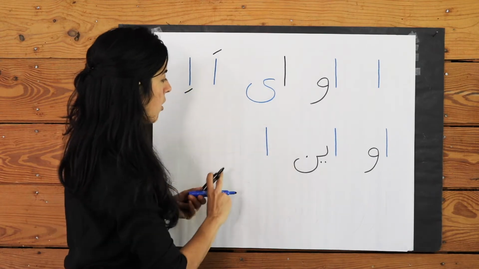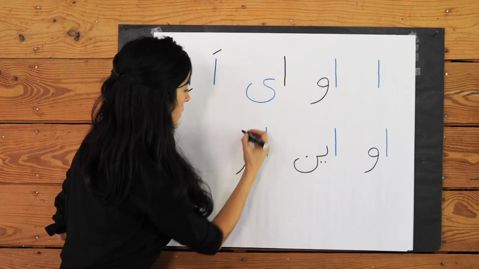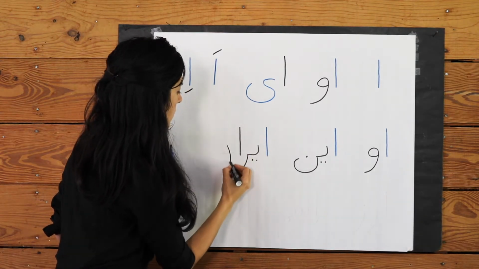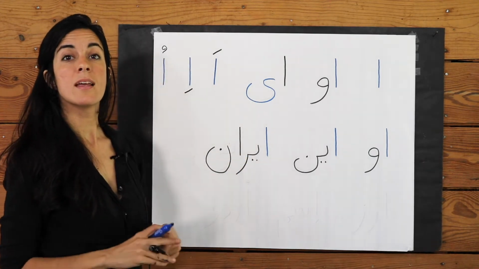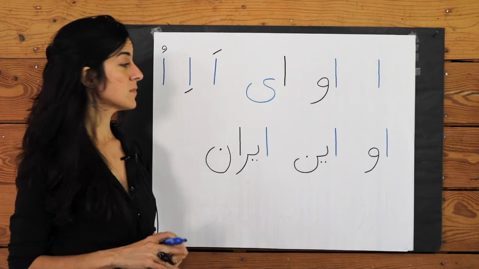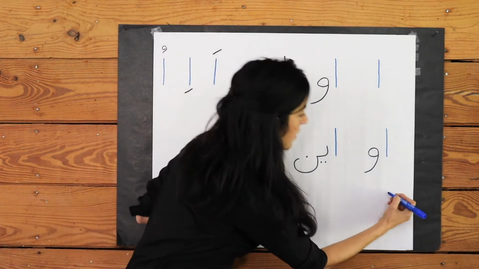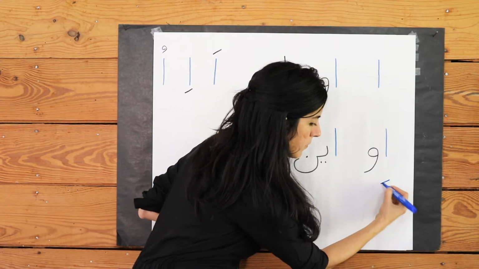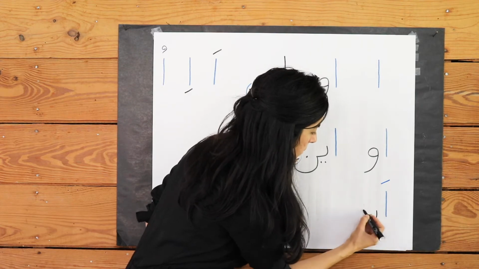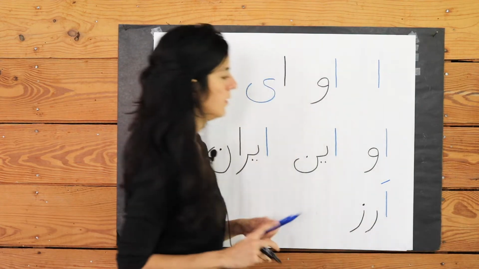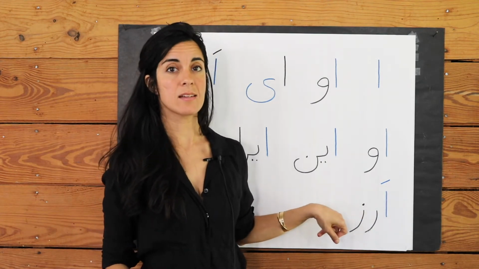So let's practice another A with an E. This is a word that you should probably know. It becomes Iran, the name of the country, Iran. Then an A with an A accent becomes arz.